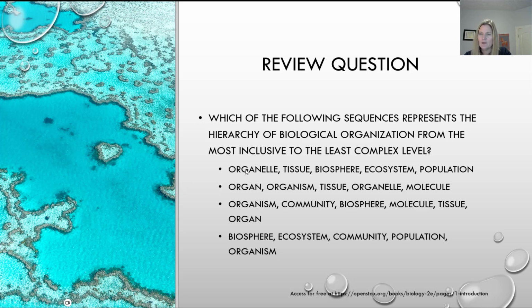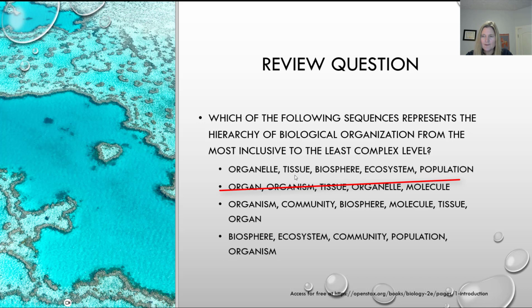We have organelles form tissues. Do tissues form a biosphere? I think we skipped a couple steps there, so it's not that one. Organs are found in an organism. That's true. An organism is found in tissue. Out of order. Not that one.